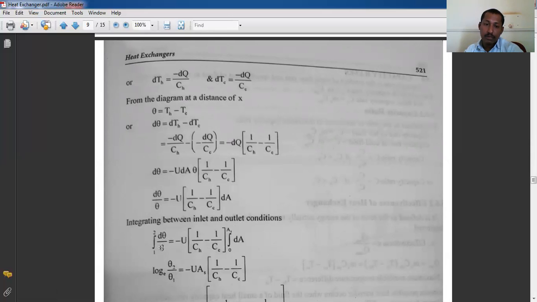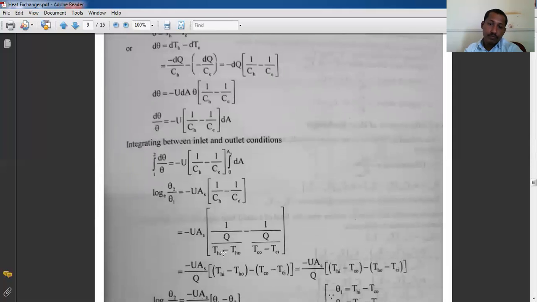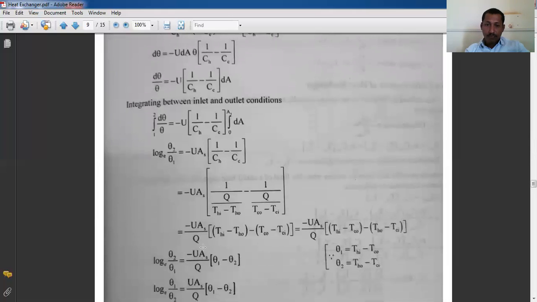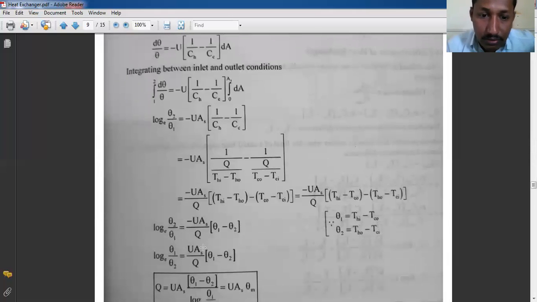Integrating between the limits, you will get log base e of theta 2 by theta 1 is equal to minus UAs into (1 by Ch minus 1 by Cc). After that, rearrange the terms. The 1 by Ch and 1 by Cc values have to be substituted there. Ch value is Q by (Thi minus Th naught), Cc value is Q divided by (Tc naught minus Tci).